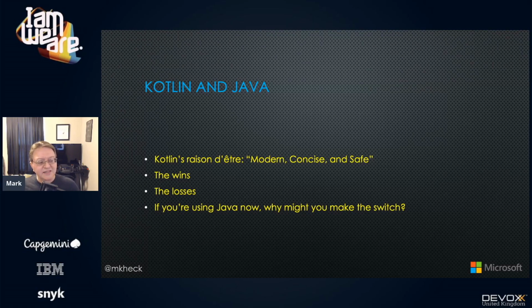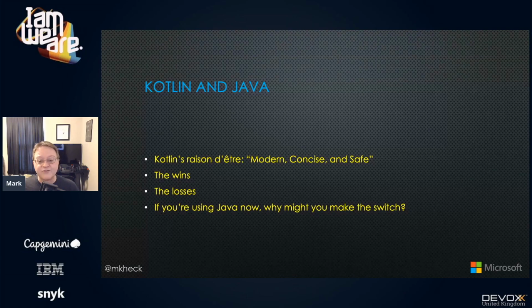Some wins. Well, it is a fresh and elegant language. Kotlin is. The concision is amazing. There are adoptions on several fronts: server side, mobile. You have even JavaScript heavy places due to Kotlin JS. There is Kotlin native, and that's something else we could talk about in terms of Kotlin native versus Graal and so on and so forth. Again, no time today, but happy to carry on that discussion later.